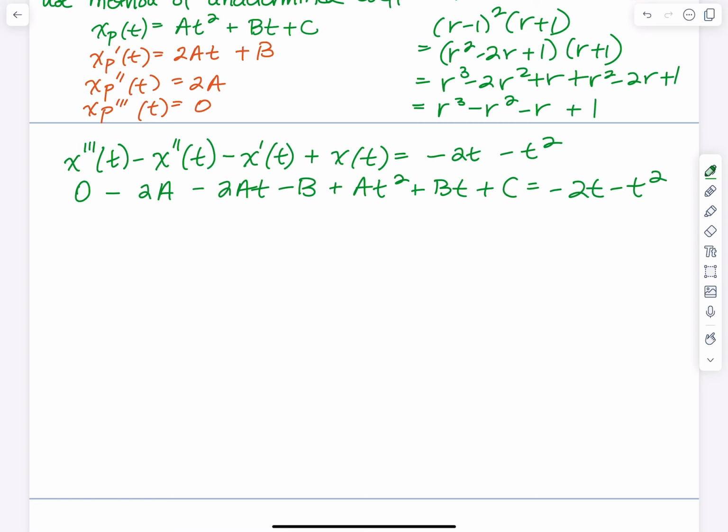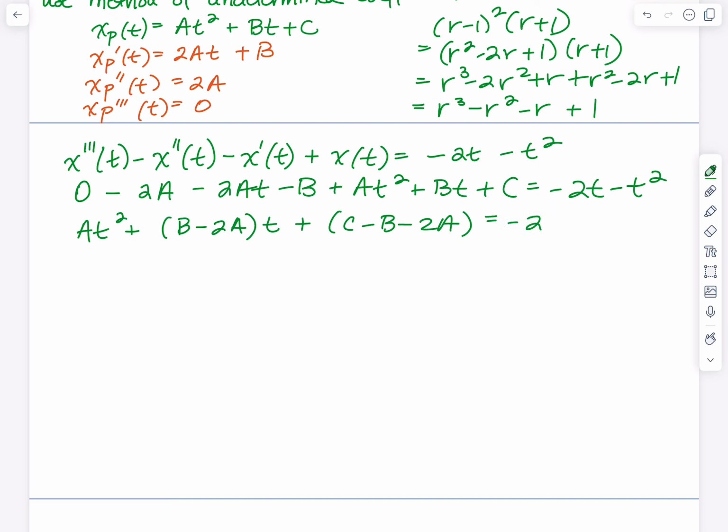So we can see that, and we'll go ahead and just put those together. We have at squared plus b minus 2a multiplied by t plus c minus b minus 2a is equal to negative 2t minus t squared.